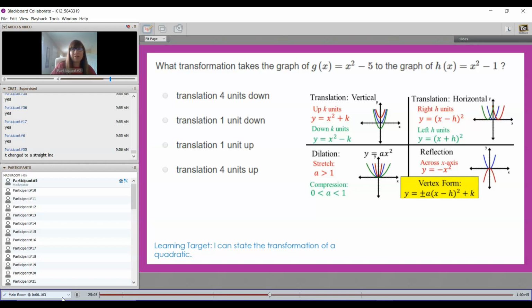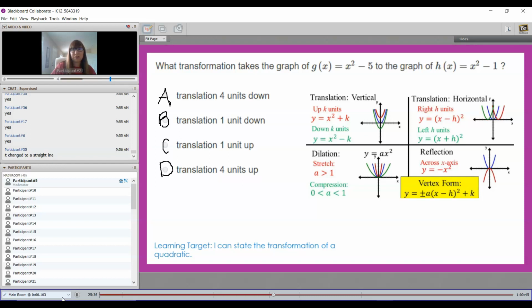All right, so here's our parent function, g of x. This is what we're starting with. Here's h of x. This one's a little bit tougher, so think about how it changed. Use process of elimination, get rid of the ones that you know aren't correct.